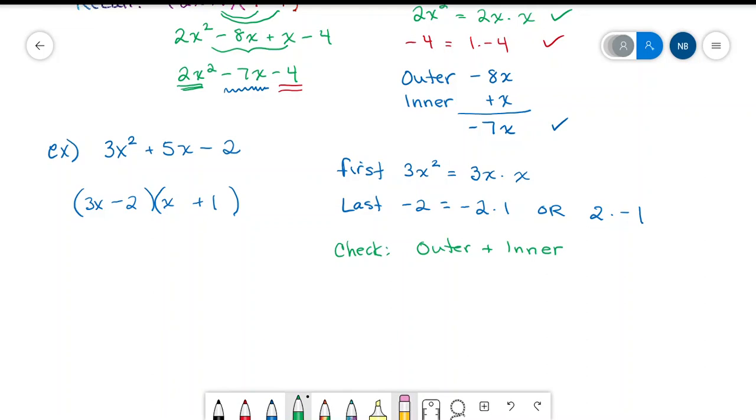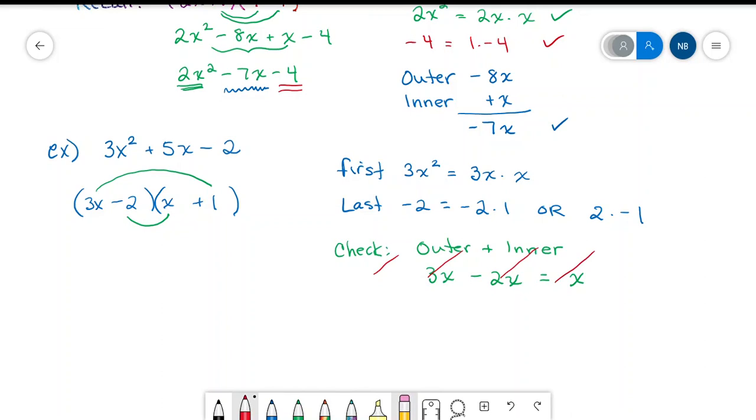So our outer product is 3x times 1, which is 3x. Our inner product is -2 times x, which is -2x. But notice that 3x minus 2x simplifies to 1x, not 5x. So we know that this is the wrong factorization.